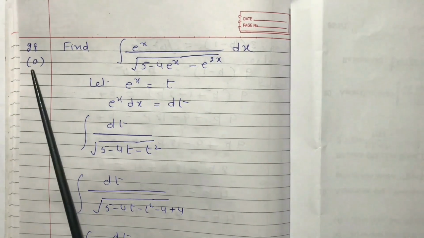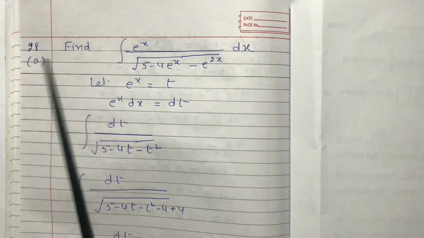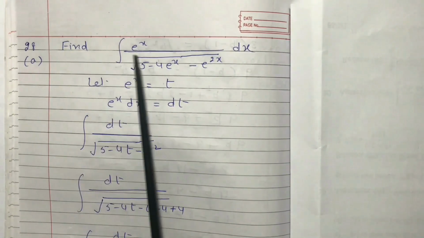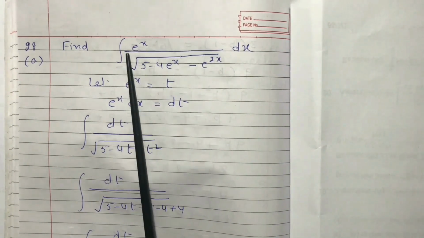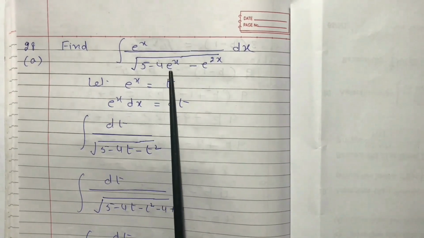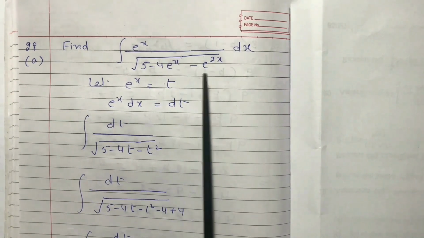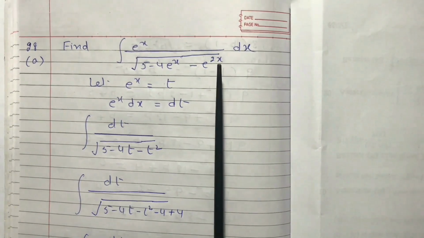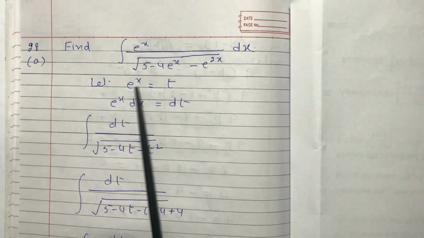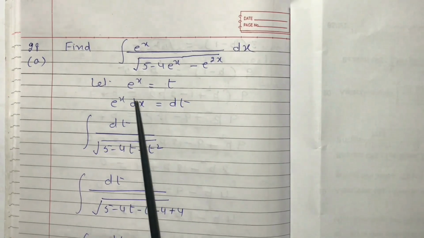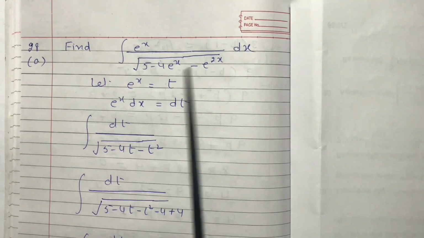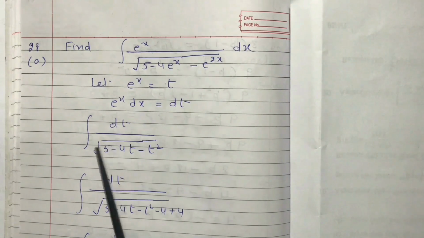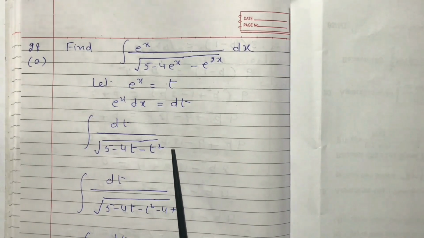Now this is question number 28, part A. Find the integration of e to the power x upon root of 5 minus 4 e to the power x minus e to the power 2x dx. Now substitute e to the power x as t. Then e to the power x dx is equal to dt. And this becomes dt upon root 5 minus 4t minus t square.